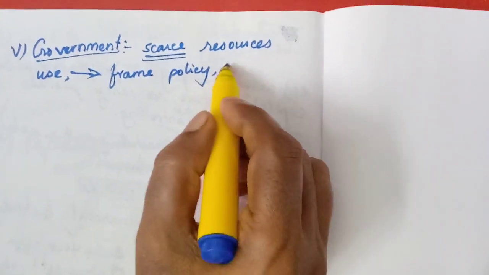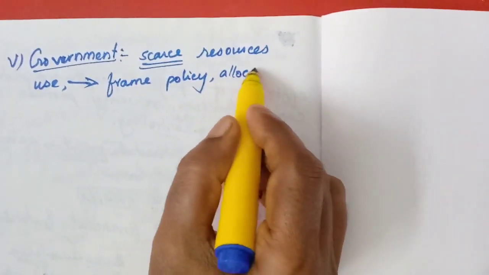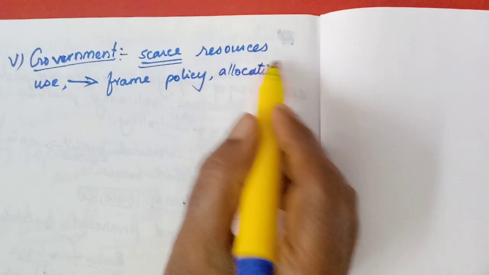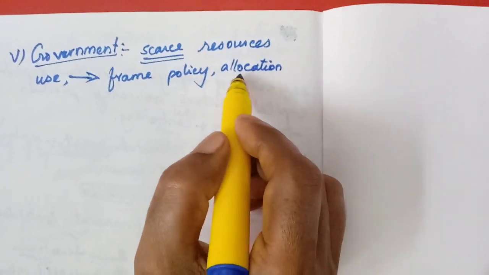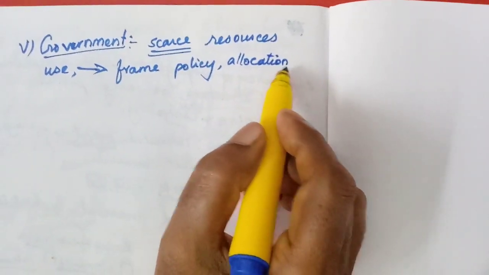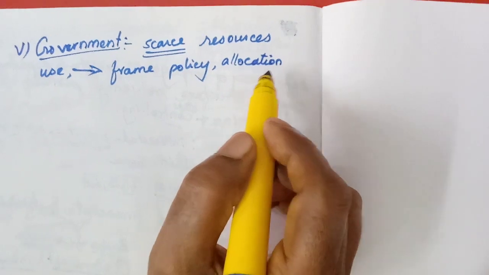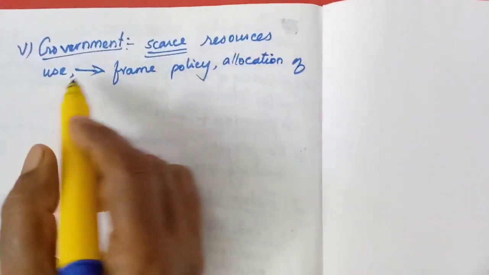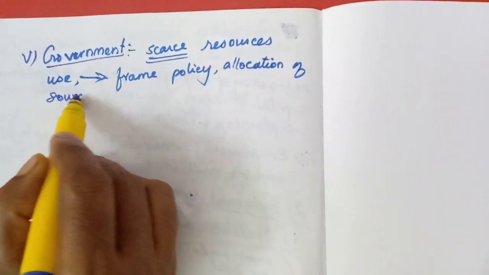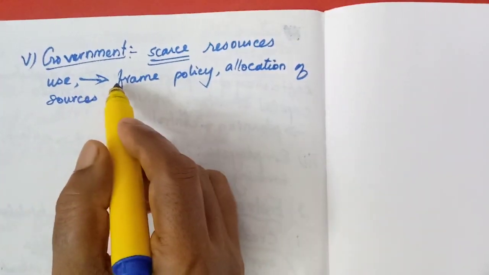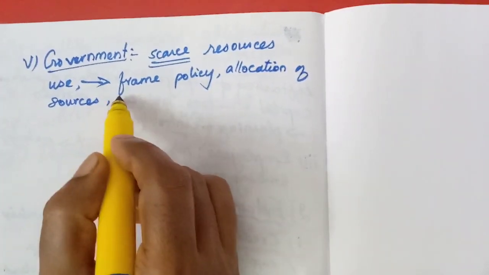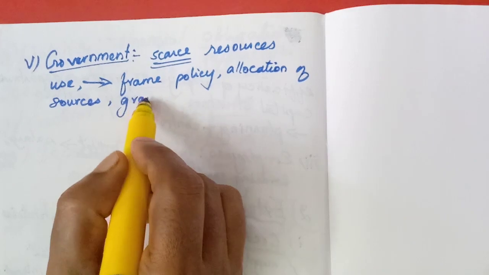To frame policies and for allocation of resources. So they will allocate resources for this state, this much resources must be utilized. So for that purpose, they need to know the financial information. Then any subsidy to be granted.